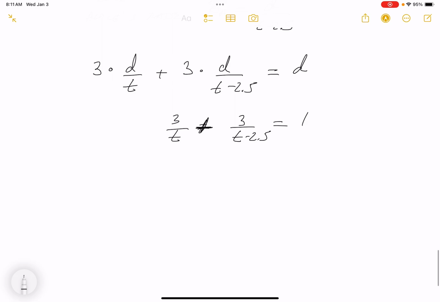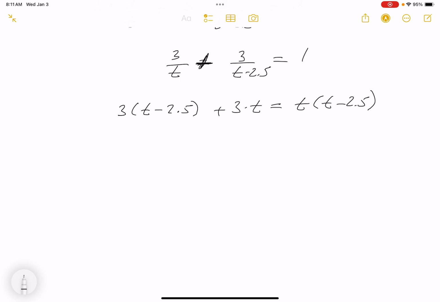I can multiply both sides by the LCD. You get 3 times T minus 2.5 plus 3 times T equals T times T minus 2.5. Right, I got to figure this out now. 3T. 3 times 2.5 is 7.5, plus 3T.